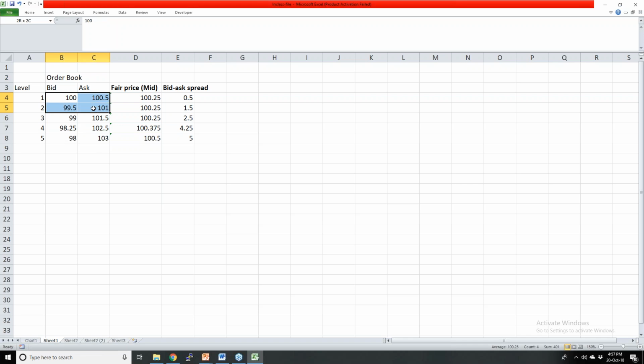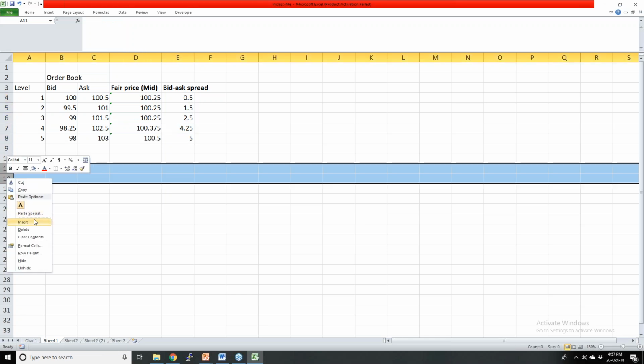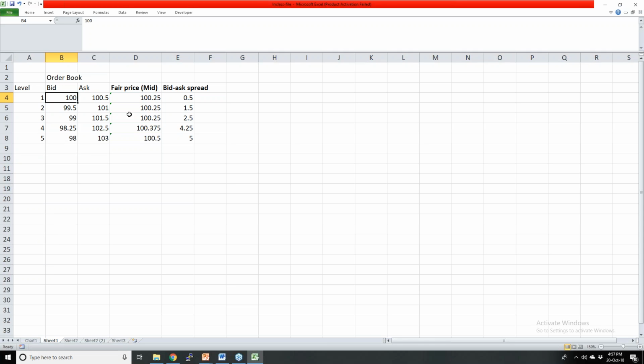So say this is your order book, the same order book. This is the fair price, the mid-level price, and this is the bid-ask spread. Now, say you fire an order at the best bid and you get executed. I'm just assuming that the fair price is the mid of bid-ask for simplicity's sake.